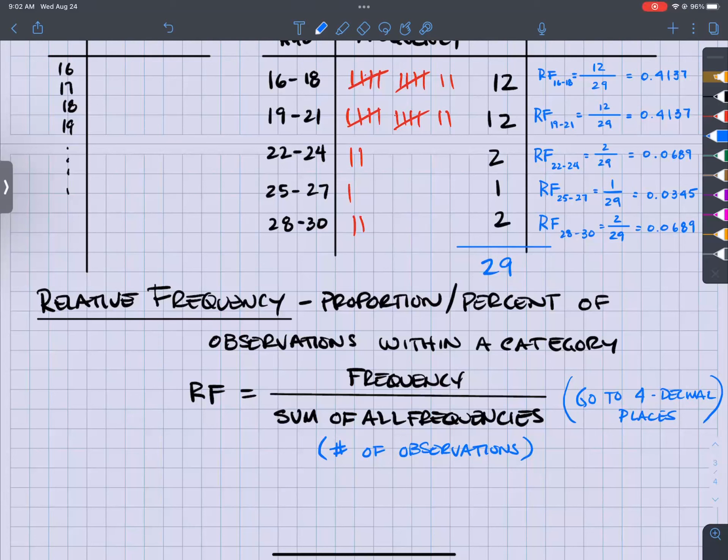So anyways, for these, you could also be asked to do a bar graph.